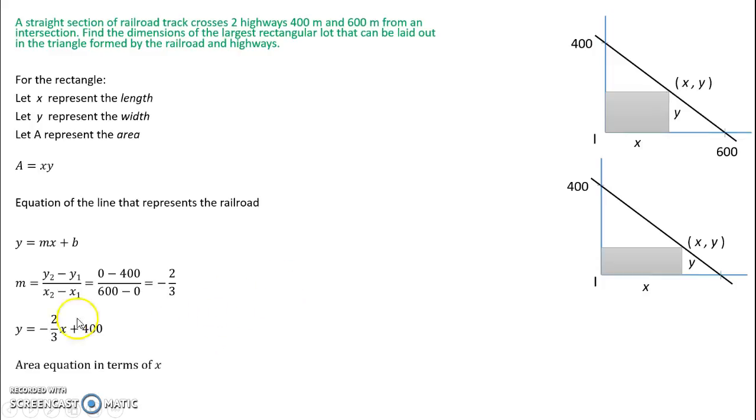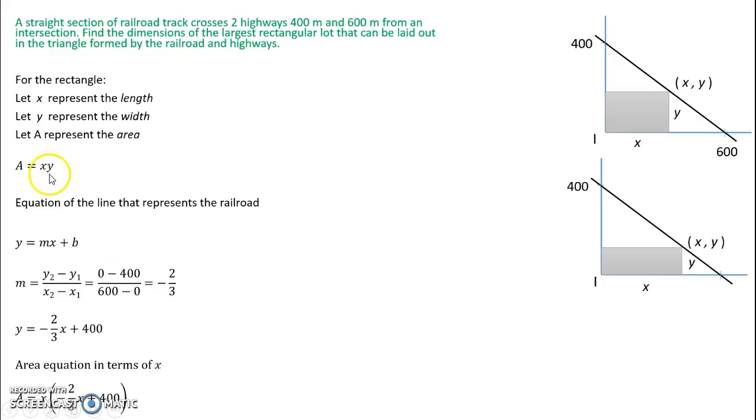Now we're going to write the area equation in terms of x. We know that the y here depends on the x, and so the area of this rectangle is really dependent on this line, because it has to fit underneath this line, and this point of it is always attached to the line. So we have A equals x times negative 2 over 3 x plus 400.